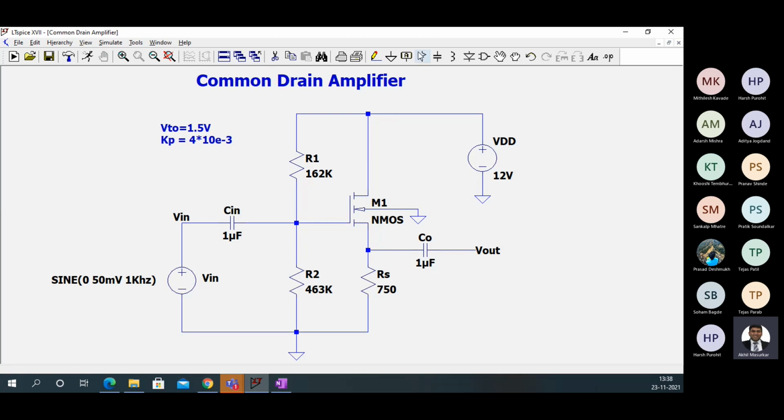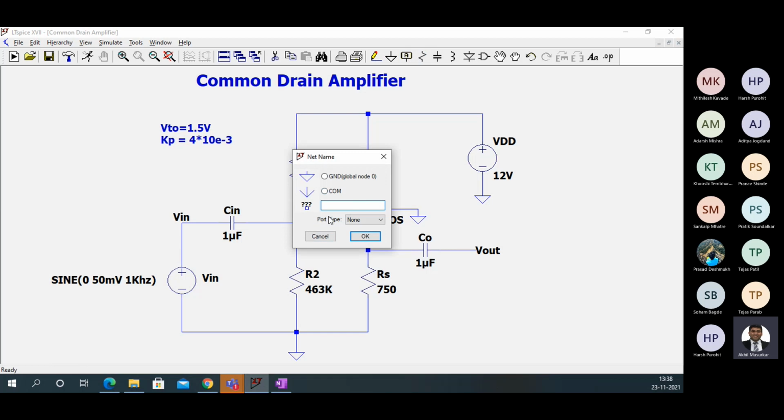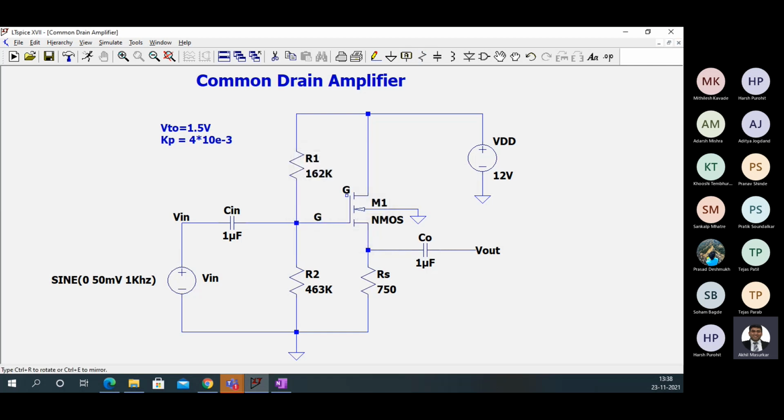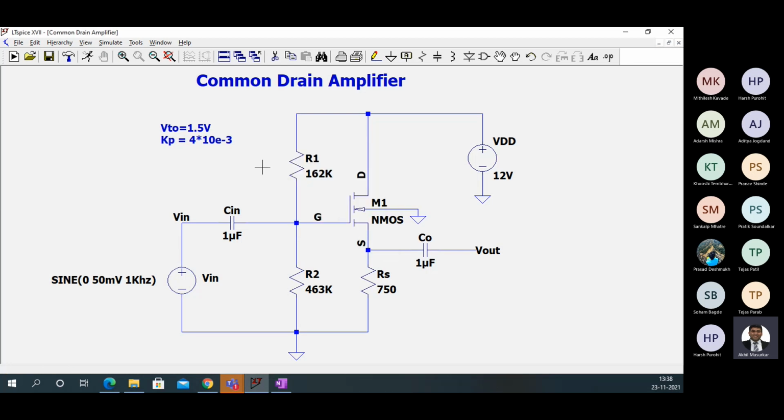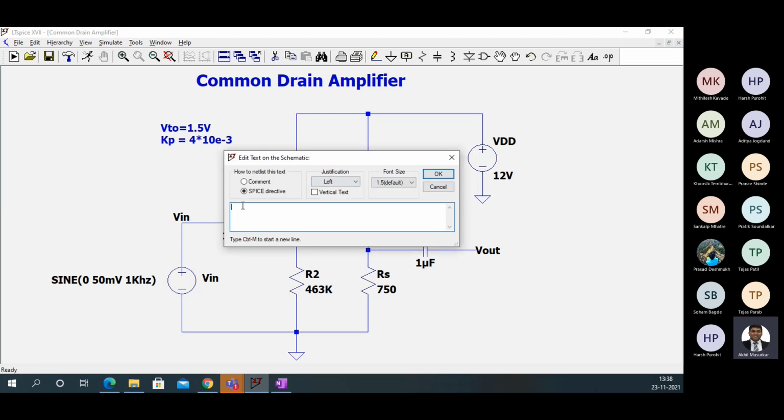Just for the sake of it, you can have gate, drain and source labeled to see the values directly at these nodes. Once you are done with this, just write done in the chat box, then we will run the .op.